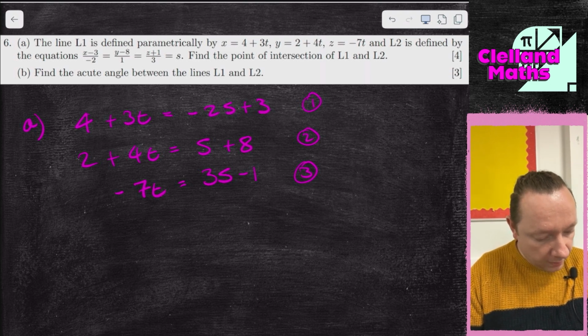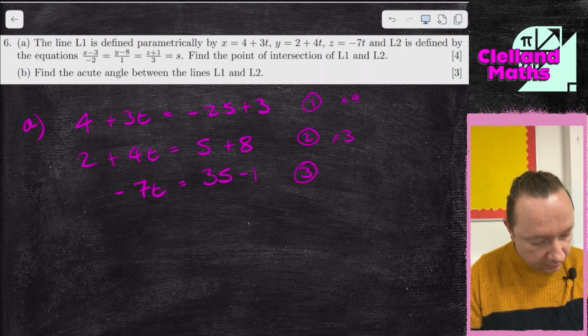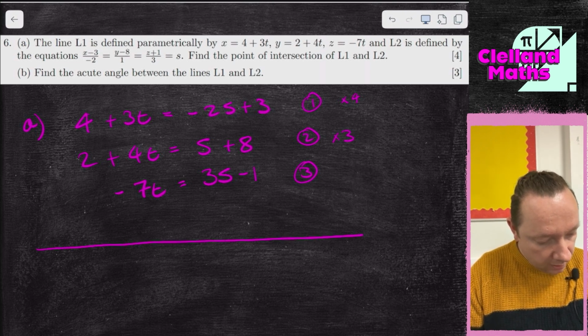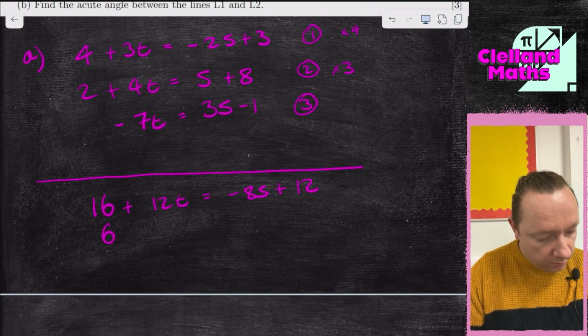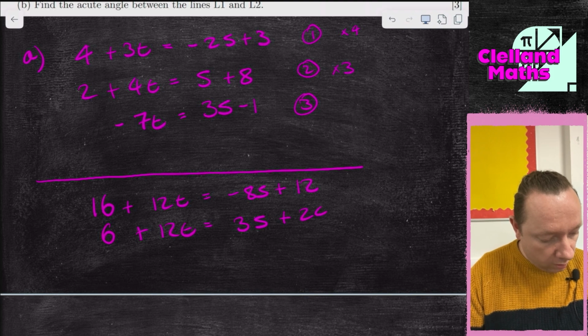If I times 1 by 4 and times 2 by 3, that gives me 16 plus 12t equals minus 8s plus 12, and it gives me 6 plus 12t equals 3s plus 24.